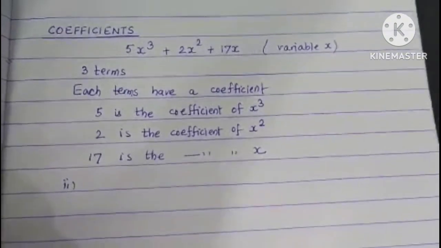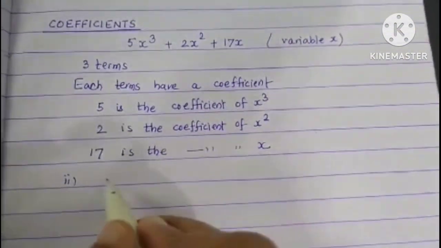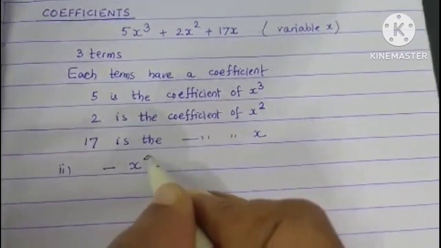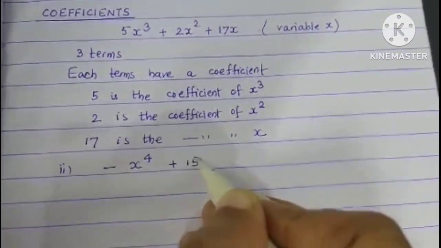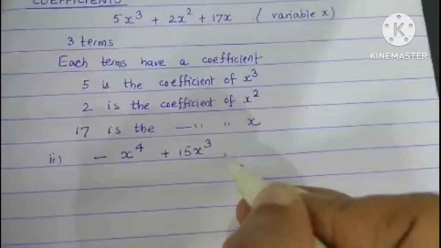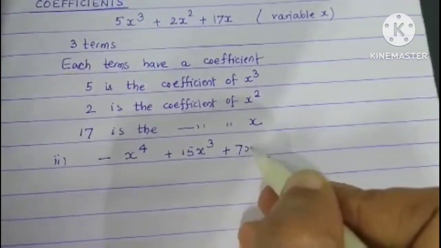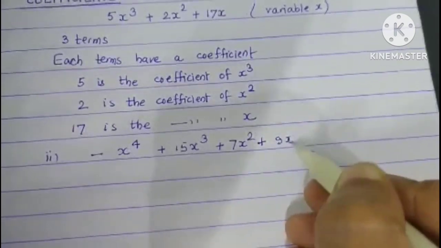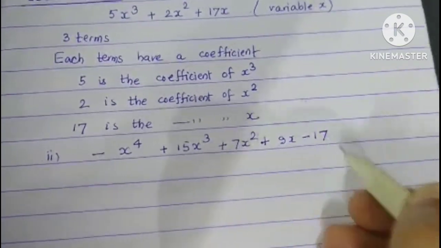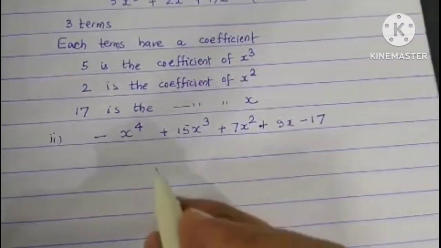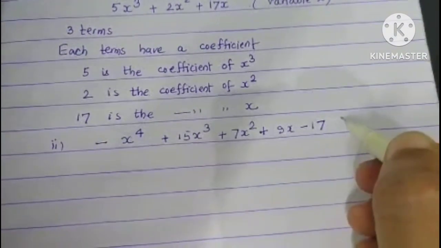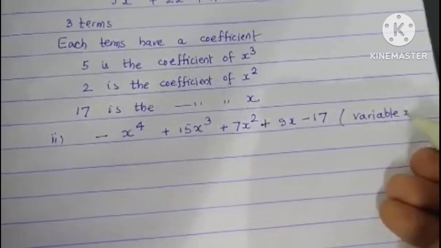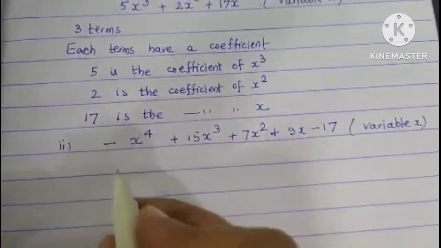Okay, one more example. Let us suppose minus x power 4 plus 15x power cube plus 7x square plus 9x minus 17. So this is a polynomial having only one variable x. So what will be the coefficients?